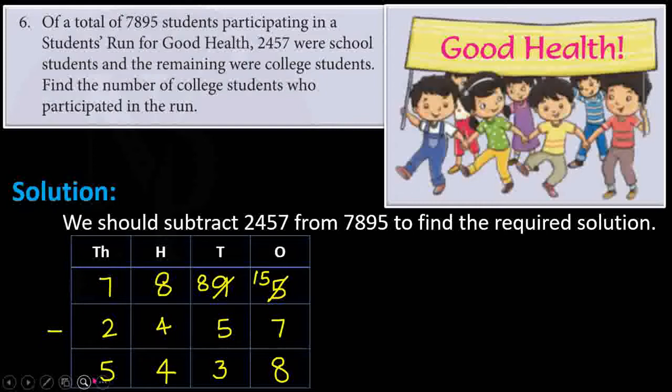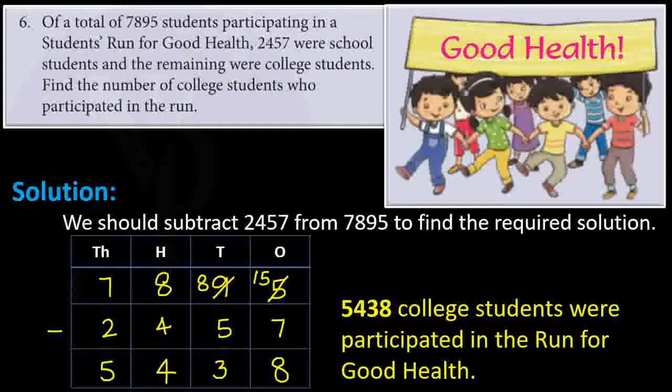Therefore, the number of college students participating in the run for good health is 5,438. That is, 5,438 college students participated in the run for good health.